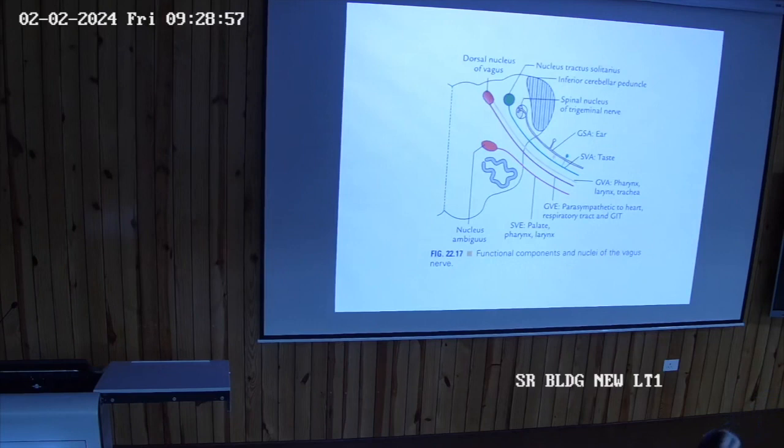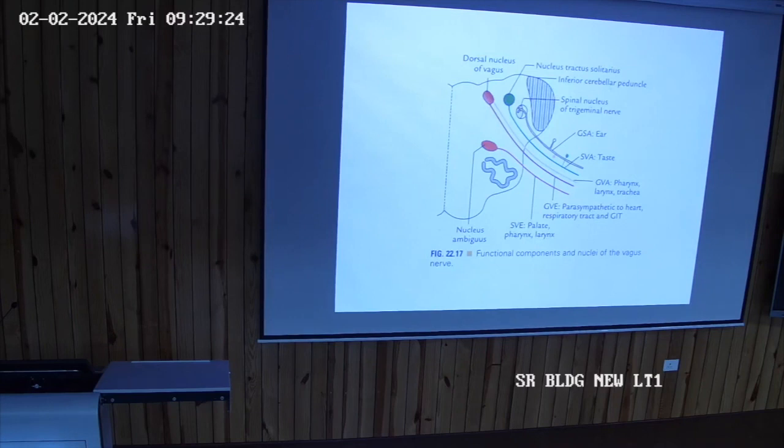But if you take the heart, any hot thing, you will feel the stimulation. That sensation passes through the general visceral afferent fibers, which relay in the nucleus tractus solitarius. So this is the general visceral afferent.